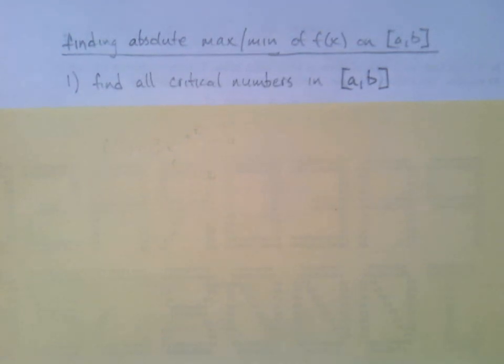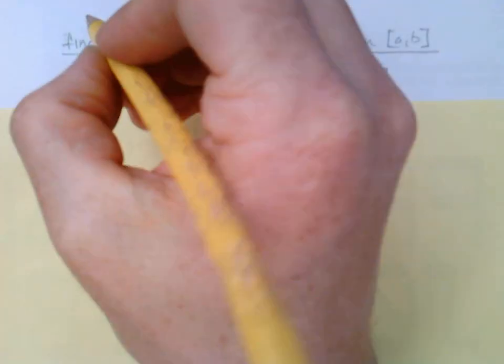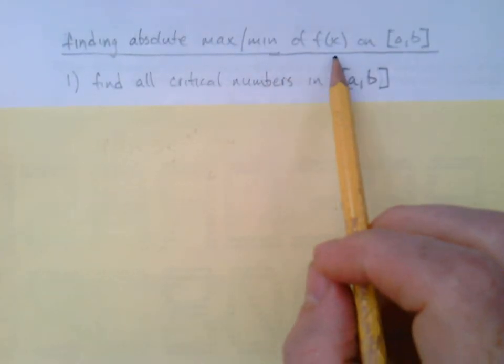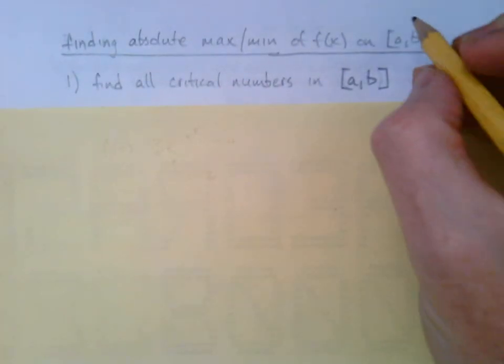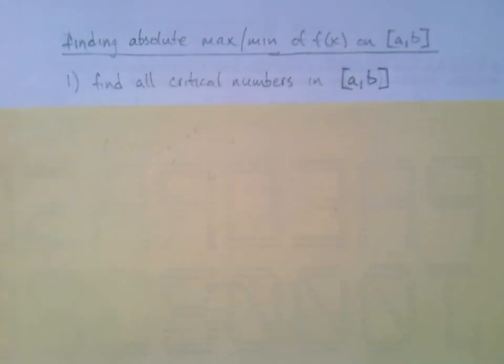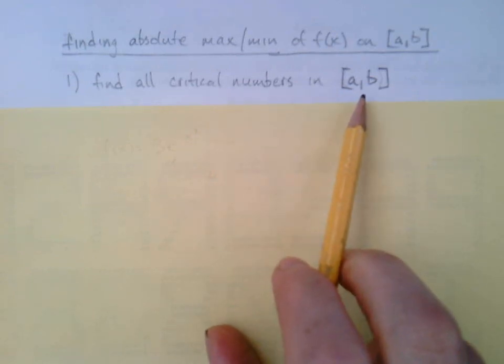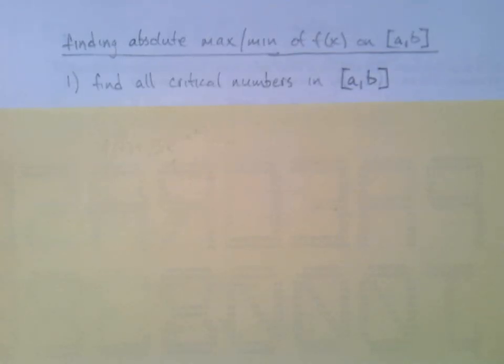Follow the steps. Remember what the steps are, right? That's important. Okay, so to find an absolute max or min of a function f of x on the interval from a to b, step number 1, we're going to find all the critical numbers in (a, b).